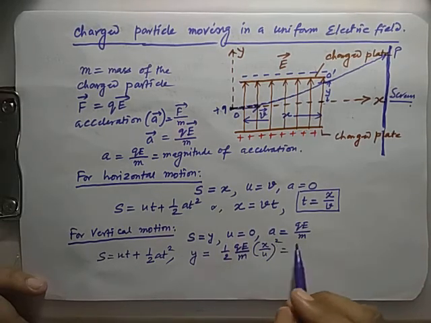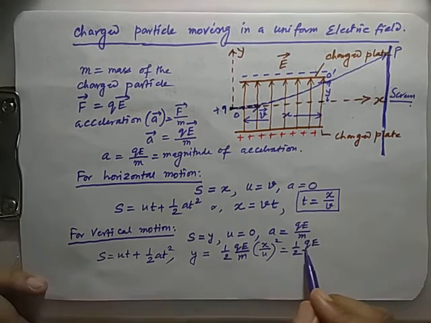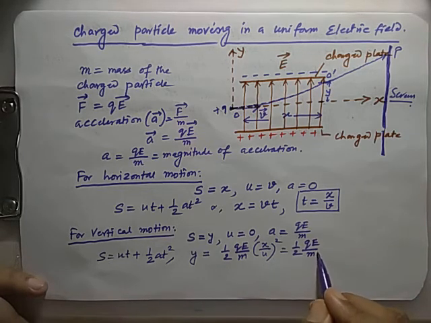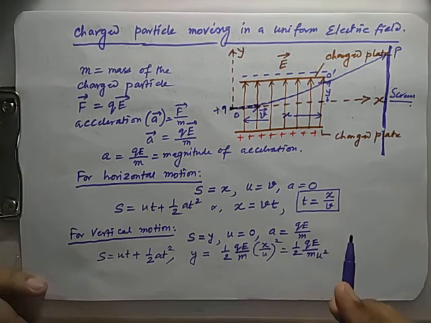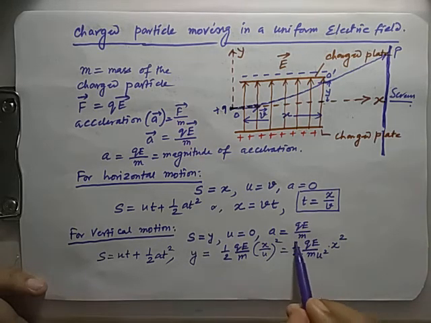So that means y is equal to half qe by m, with u square on this side, into x square. See this part, half qe by m into u square, this is all constant.